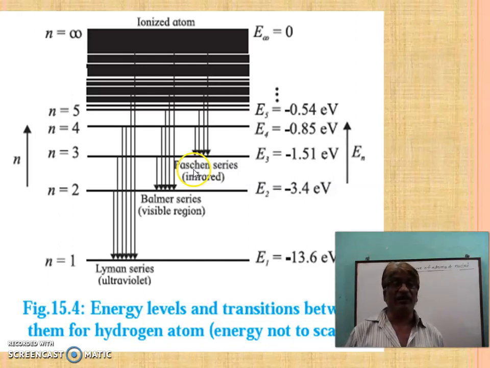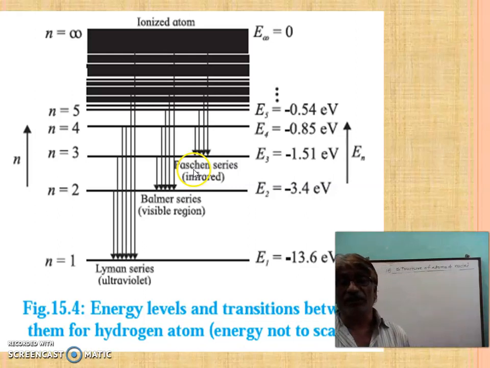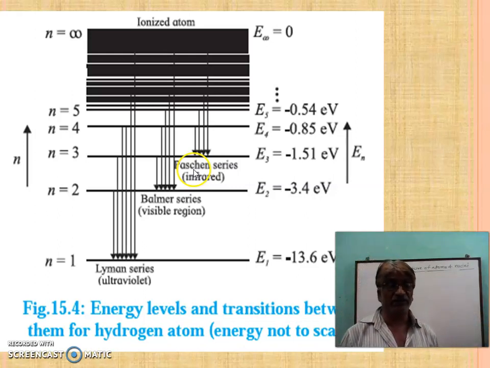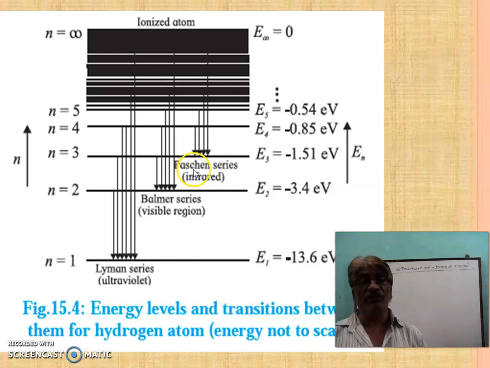Similarly, when an electron transitions from the sixth orbit to the fifth inner orbit, the series is the Pfund series.